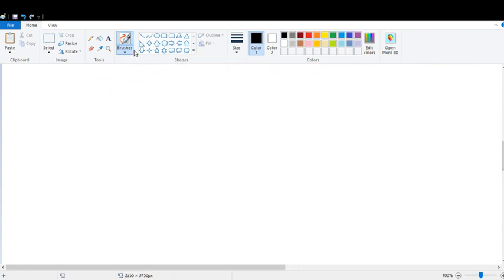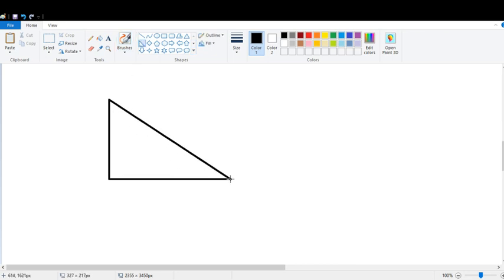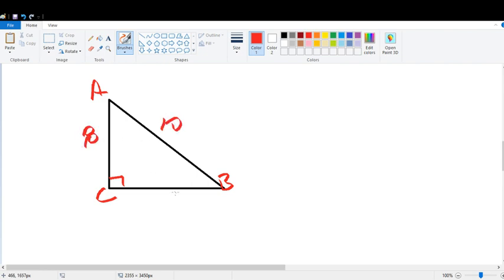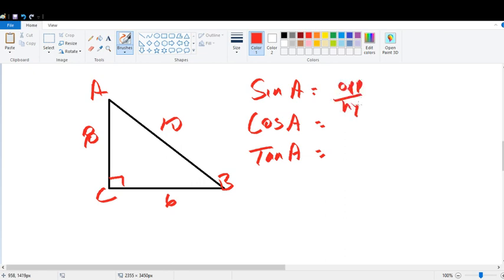Let's do another problem. Let's say I had a right triangle, and I had A, B, C, and let's say this is 10, this is 8, 6. Let's find the sine of A, cosine of A, tangent of A. Well, recall that sine equals opposite over hypotenuse.